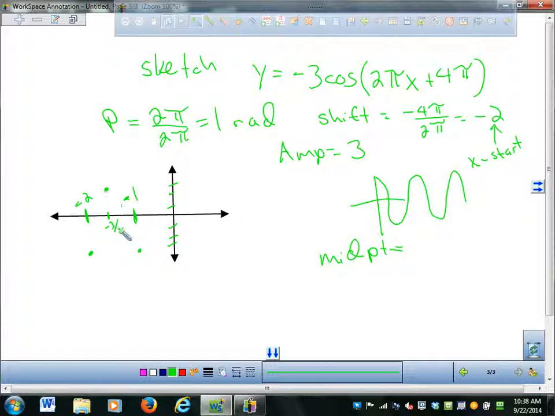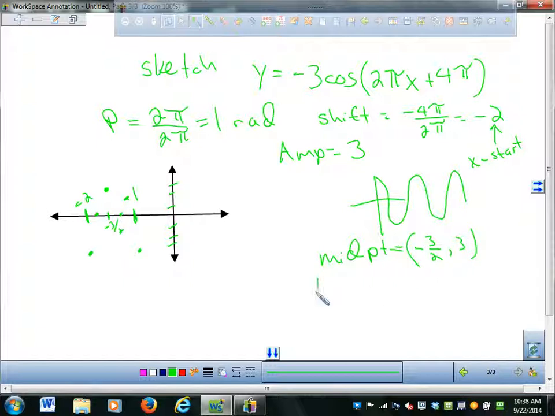And if you don't know that, you could plug in the value of negative 3 halves. It's going to get messy, but you could figure it out. But a cosine function, this is one period. So at halfway, you're either going to have a maximum or a minimum. And then the quarter points, that's where you're going to get your zeros. So your midpoint is at negative 3 halves, comma, positive 3.